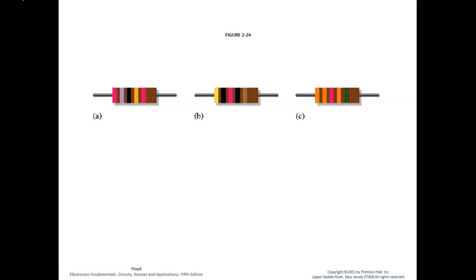So C, orange is 3, red is 2, times 10 to the third, plus or minus what is green? 5%? No, that should be 0.5. Well, I never use 0 in front of my decimal.